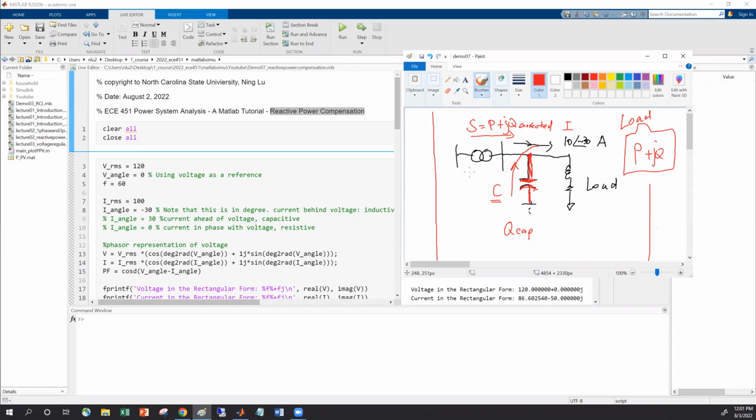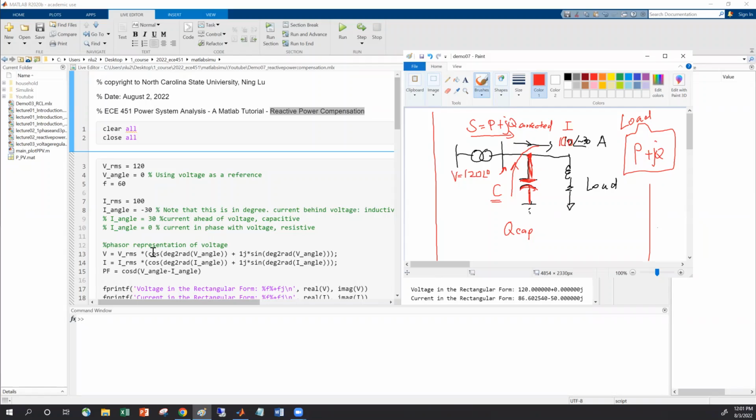So here we have 120, and this would be 0. That's the voltage at this bus, okay? So V equals that. And then we have our current, RMS value equal to 10, so this other one, 10. This would be 10 with an angle of minus 30.